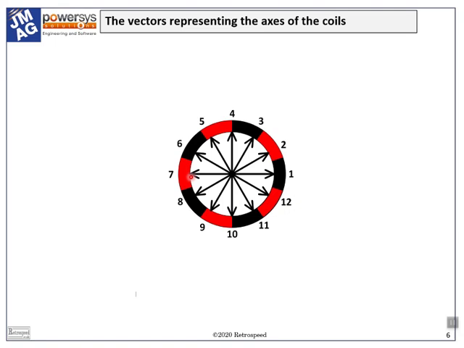This means that we could connect coil 1 in series with reverse connected coil 7 to start building phase U. At this rotor position, no other coils are perfectly aligned with magnets in the position of maximum flux linkage.